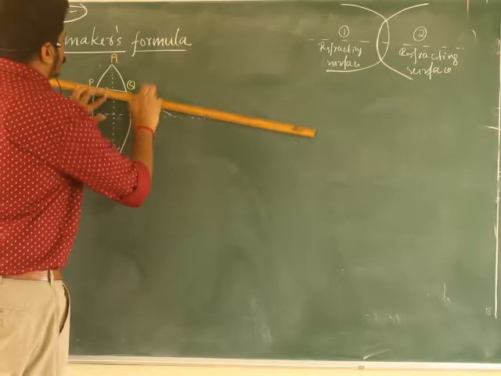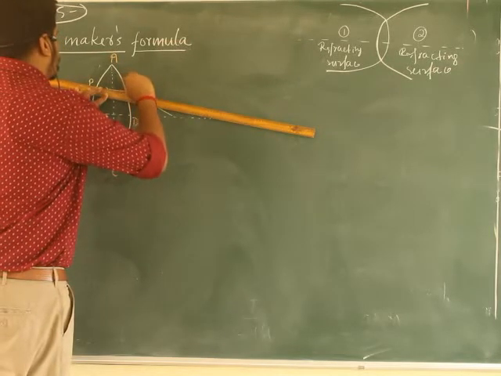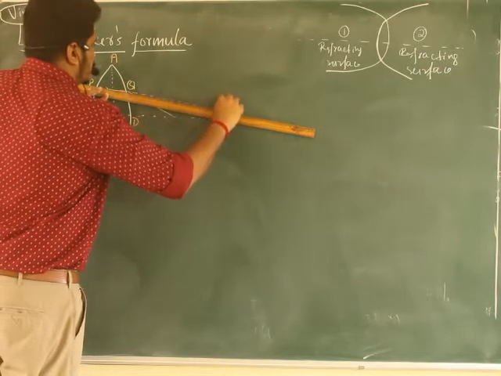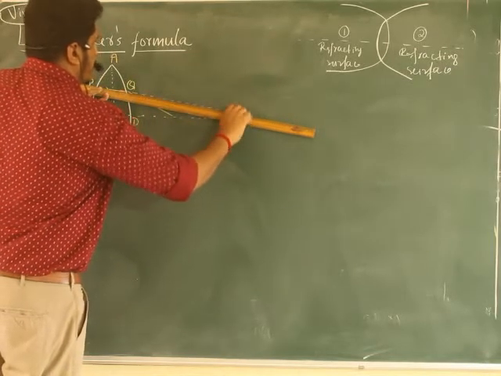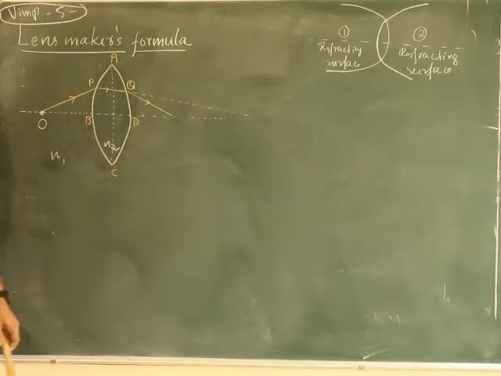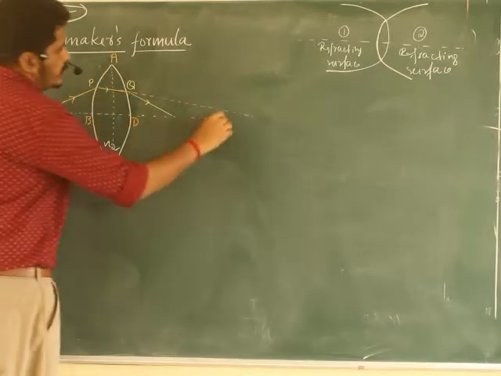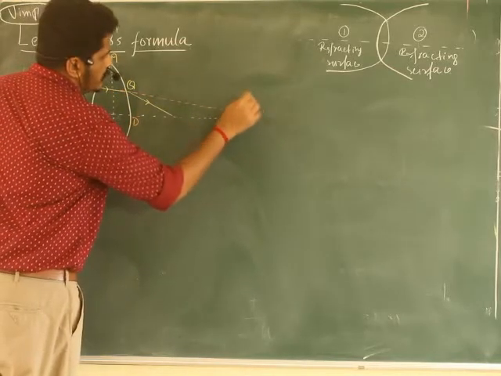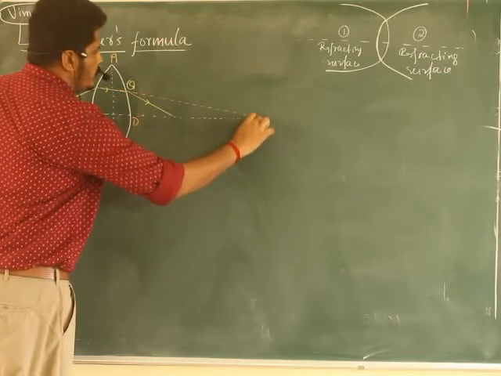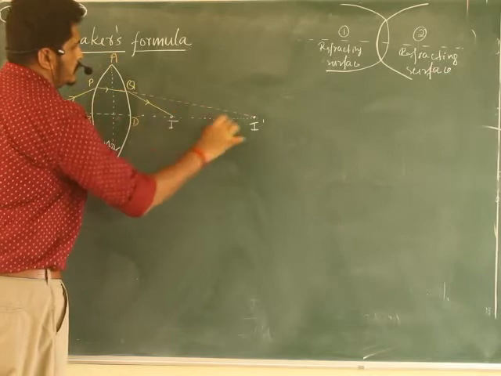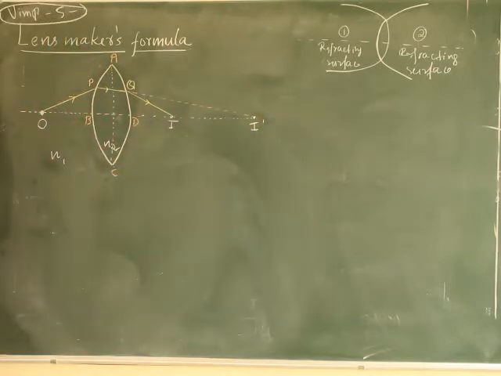This ray of light would have continued like this straight, okay? That means if it was not having this surface, this ray of light would have continued like that. Somewhere here it will form image I dash.